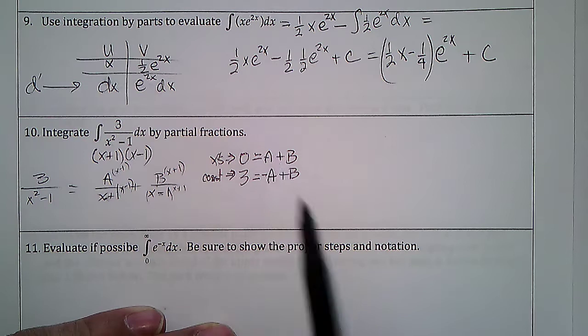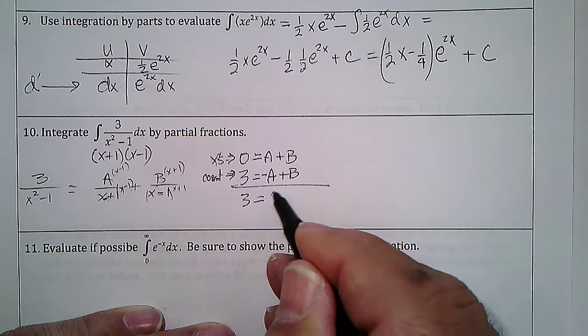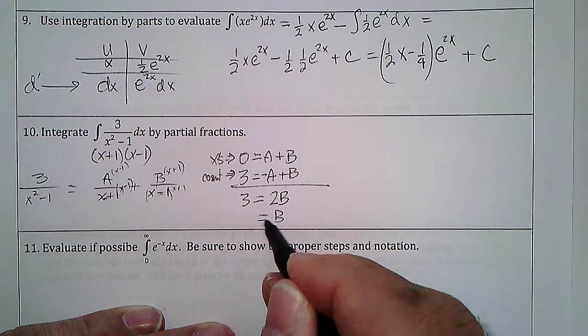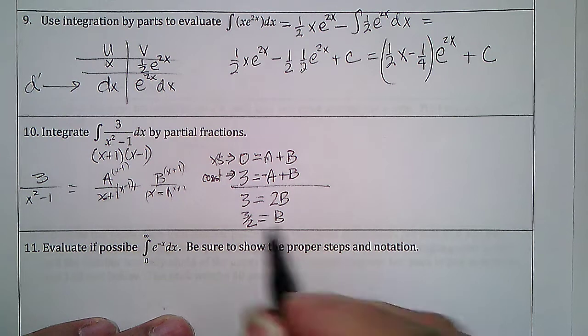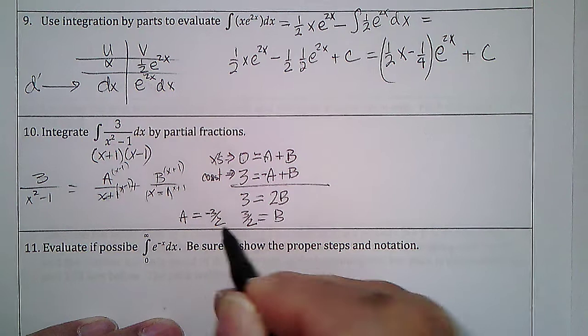Well, looks like the a's will cancel if I just add these two, and I get 3 equals 2b, so b equals 3/2. And if a plus b is 0, a must be negative 3/2.